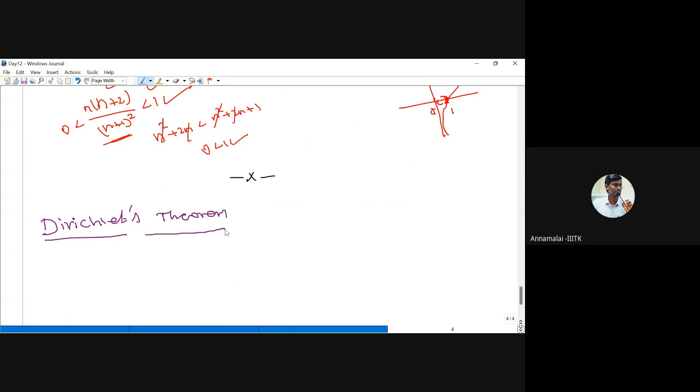So what the theorem says, suppose we have a monotonically decreasing sequence un or an. So suppose we have two conditions. The first one is, let un be a positive monotonically decreasing sequence with limit 0.